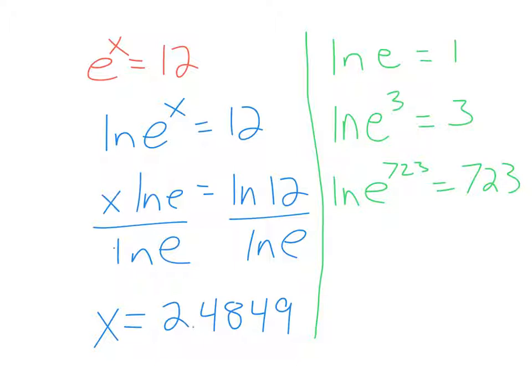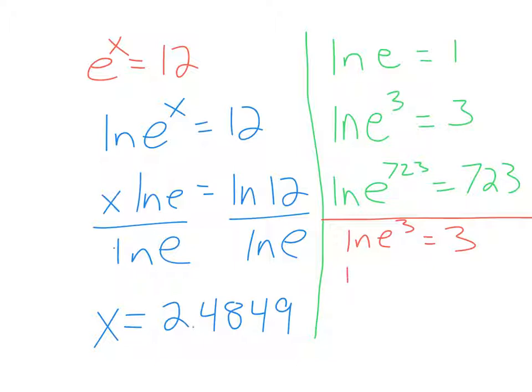Let me say this. Let's look at natural log of e to the third equals 3. What if I wanted to change that to the other form? What would it look like? Put the 3 in front of the ln. Well, let's not do that right now.